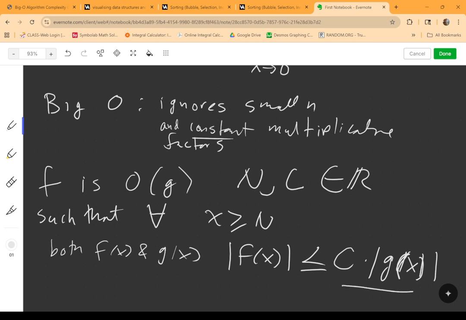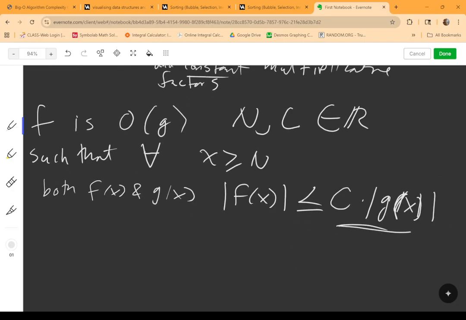So this is the bound that we've been talking about, right? The function bound. While it might not be exactly the same, it can be at most the size of whatever g is.